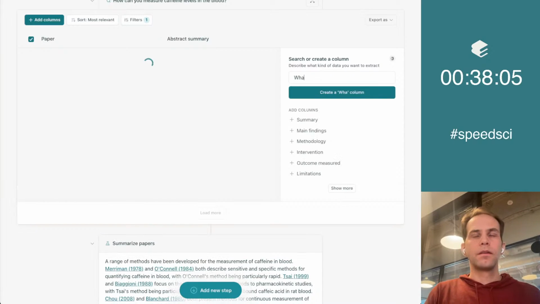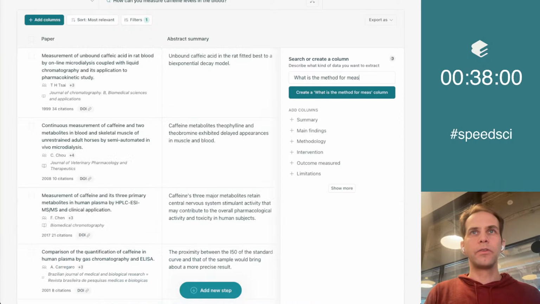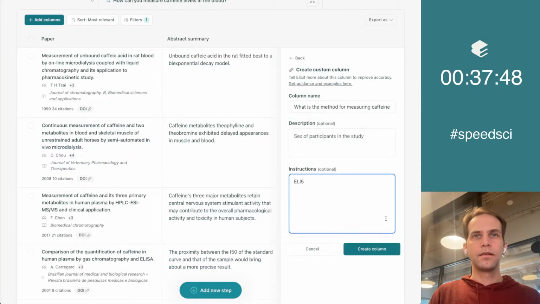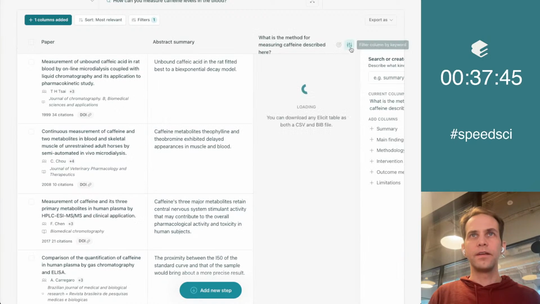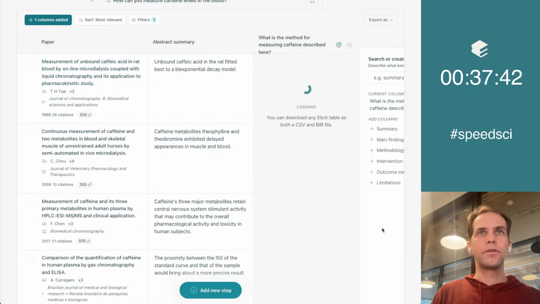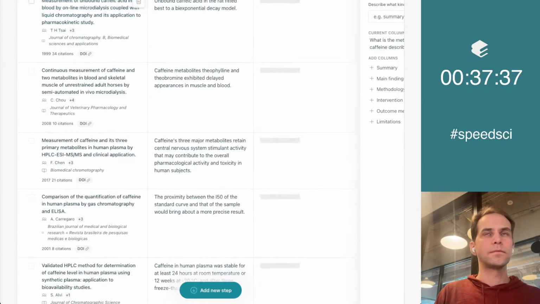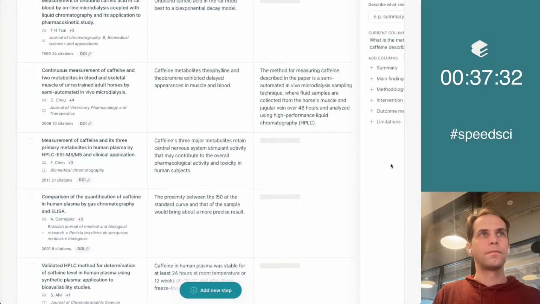Then I will ask, what is the method for measuring caffeine described here? Actually, I'm going to add this as a detail. Expand like 5. I'll make it a high quality, high accuracy column. So this is the horse method.